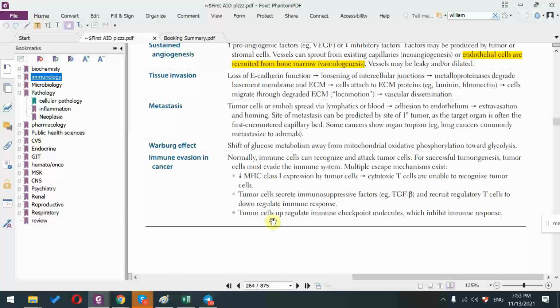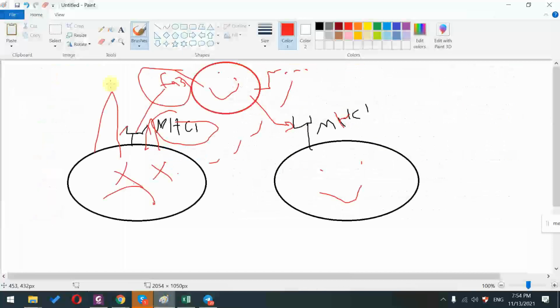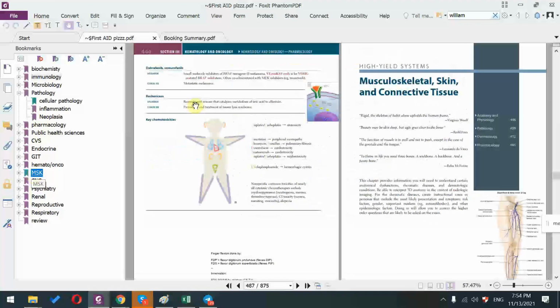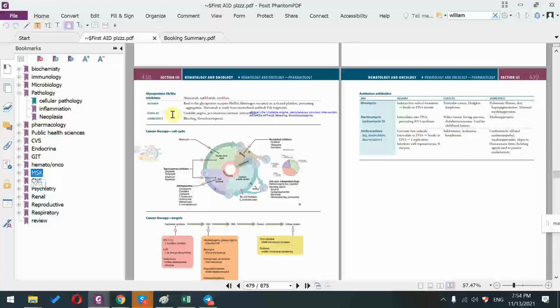So tumor cells upregulate immune checkpoint molecules, which inhibit the immune response. So these guys are good. So you remember the cell cycle? We said that the cell cycle, if it happens really quick, we have formation of tumors, yeah? So the cancer recognizes this.